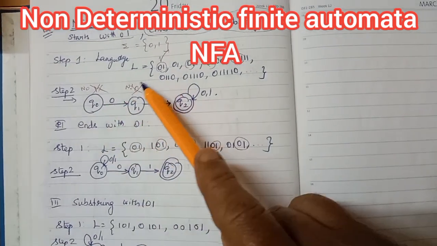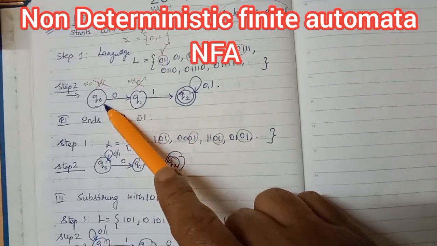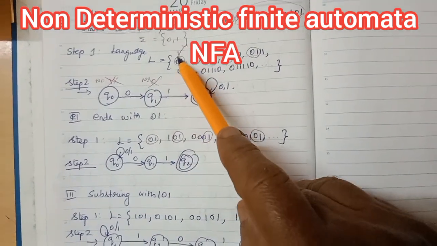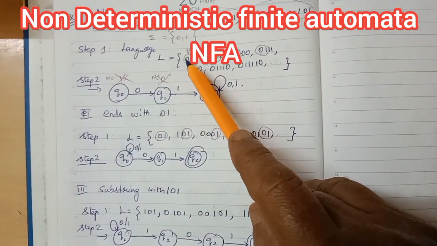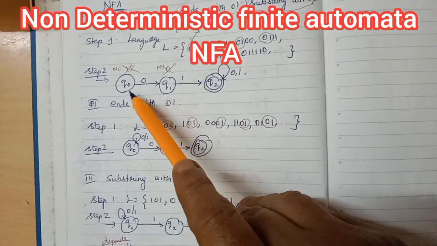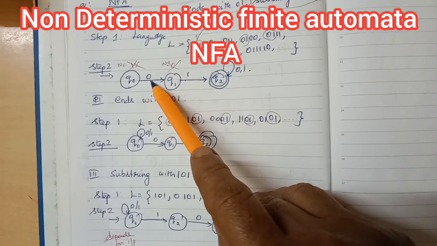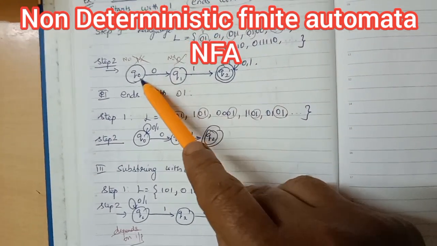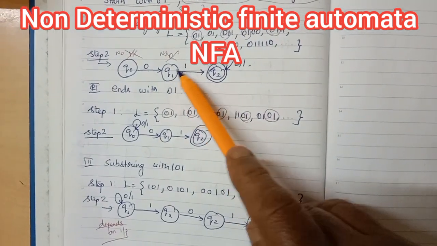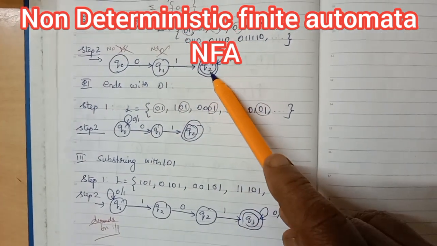What are the states? We have Q0, and the final state as Q2. What would be the first two states? 0 and 1 are the two consecutive symbols. So Q0 gets the input 0 and moves to Q1. Then Q1 gets the input 1 and goes to Q2.